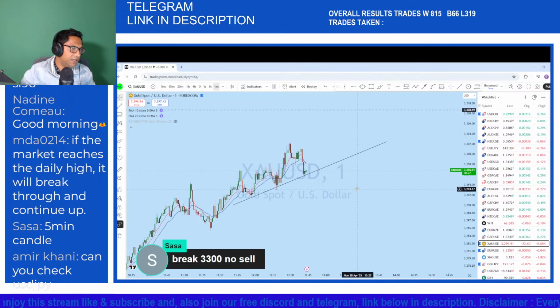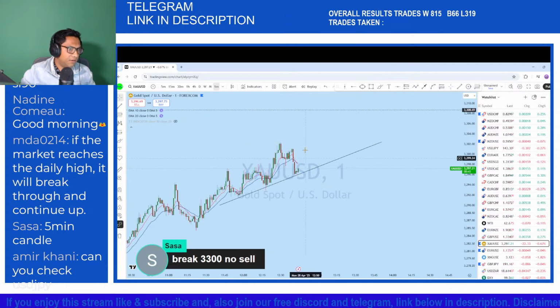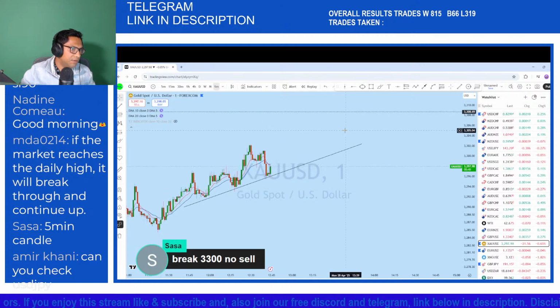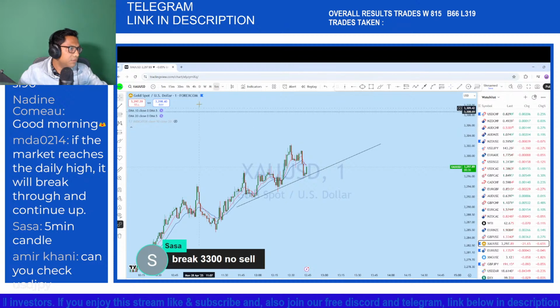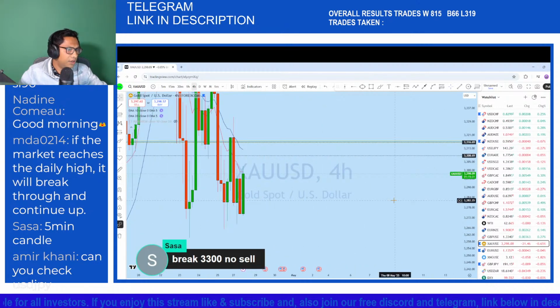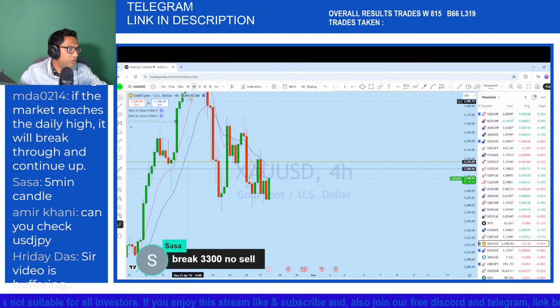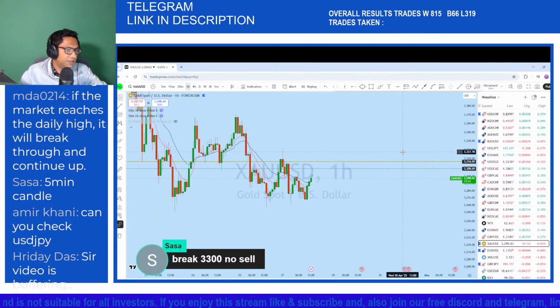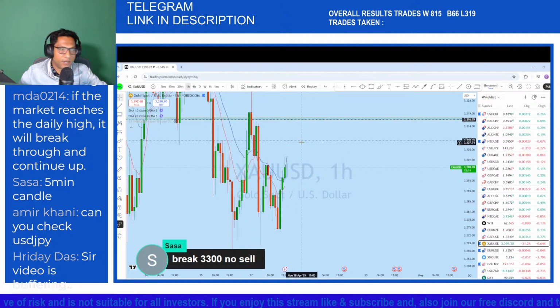So you'll see here how the price is getting liquidity and then bouncing back up potentially to the daily level. If you look at the 4 hour, we can see the market is still showing that potentially to remain bullish here. If we look at the 1 hour, we can see there is 1 hour trend continuation price action here.